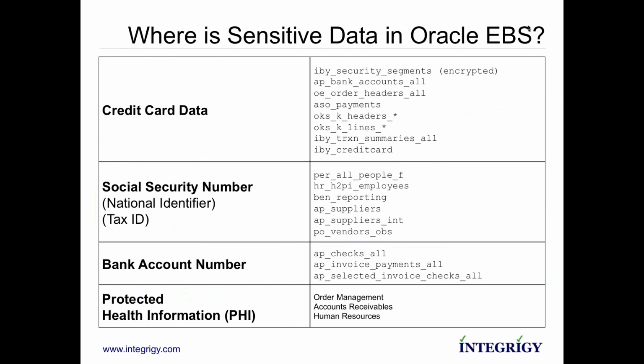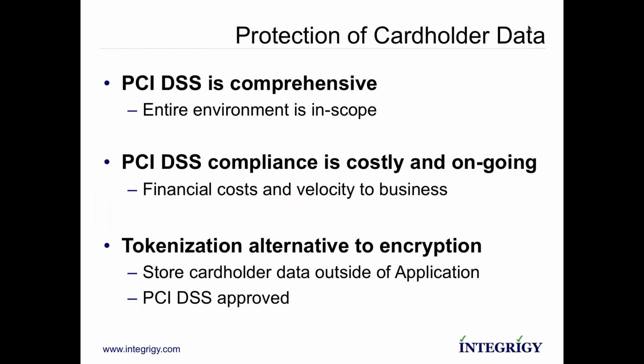For example, when we do a regular expression crawl, looking through the database for where credit cards are found, we have found credit cards certainly not just in the IBY schemas, but in order entry, etc. So in summary, for PCI DSS, it's 225 questions over 12 different disciplines, and it's looking at the entire ecosystem.